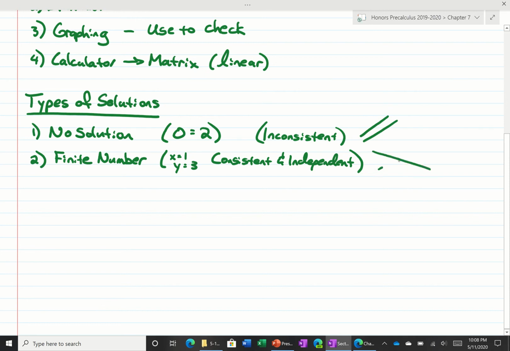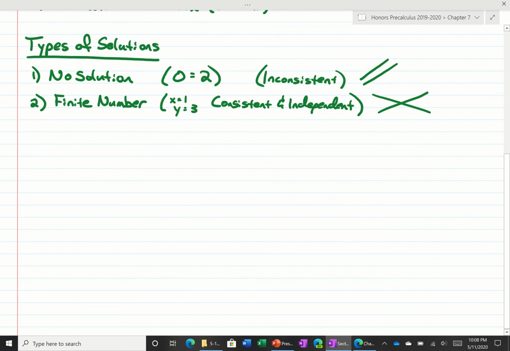Second type of solution would be lines that cross in one place. Or it could be any kind of shape that crosses another shape. And then the third type, we have infinitely many solutions. And you'd get an answer like 0 is equal to 0 for this.